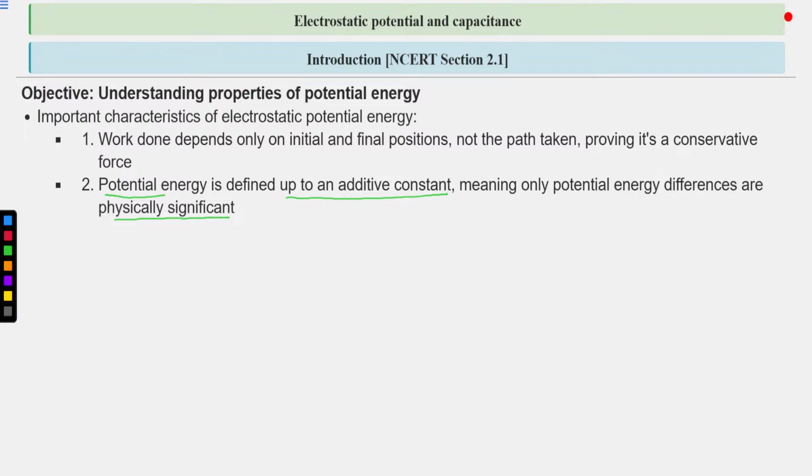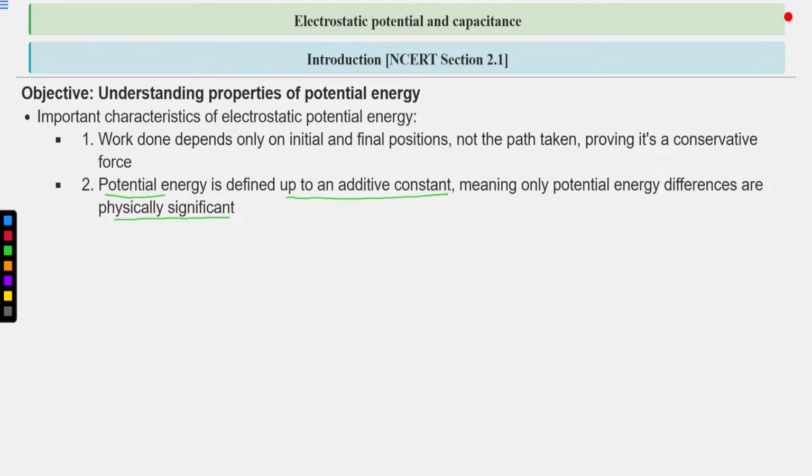But if we take another reference point, the potential energy at both these points changes. Suppose at point A the potential energy was 2 joule and now becomes 3 joule, and the potential energy that was 5 joule at another point now becomes 6 joule.